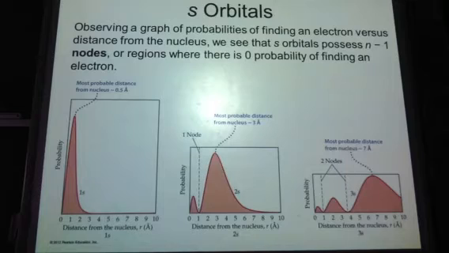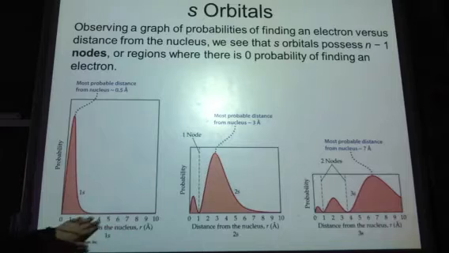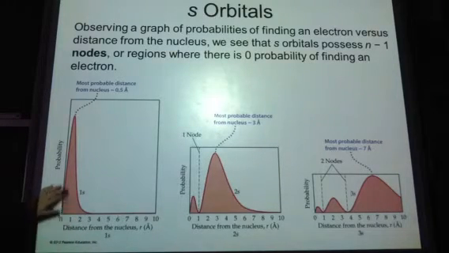If I'm thinking about 1s, so I'm measuring the distribution of electrons in that 1s electron cloud shape, I see that my distance here is relatively small because that first sphere is very close to the nucleus. I have a very high probability of finding it close to the nucleus.